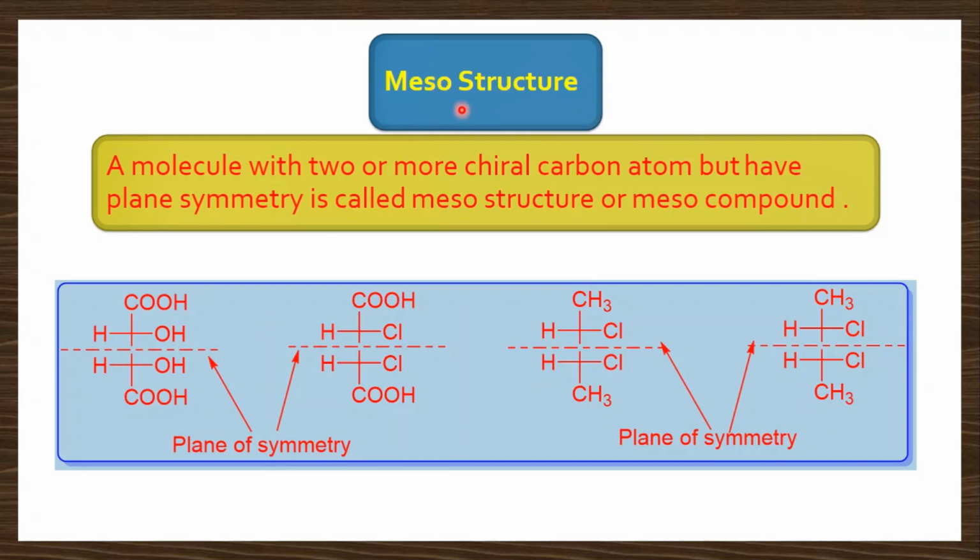A meso structure or meso compound is a molecule with two or more chiral carbon atoms but which has a plane of symmetry. These molecules have a plane of symmetry dividing them midway between the two asymmetric chiral carbons, and you notice that half of the molecule is the mirror image of the other. These meso structures are optically inactive.